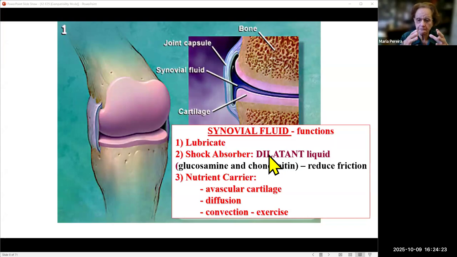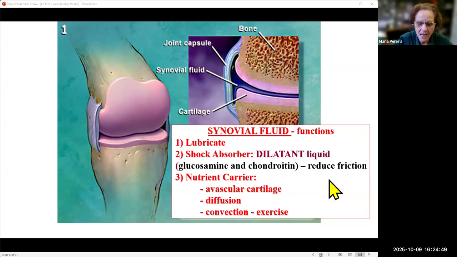So this is why the synovial fluid acts as a shock absorber, because when there's no stress, when there's no weight, when we're sitting down, there's no weight on the knees, so the synovial fluid would be liquid. Now, if we stand up and there's weight on the knees, the synovial fluid becomes viscous, so it serves as a cushion.